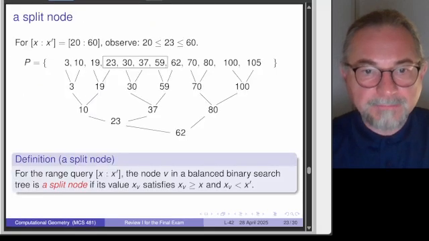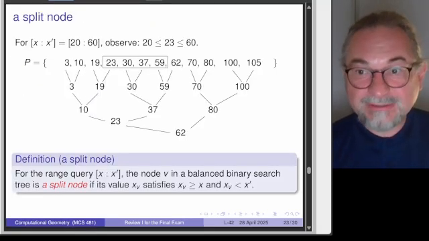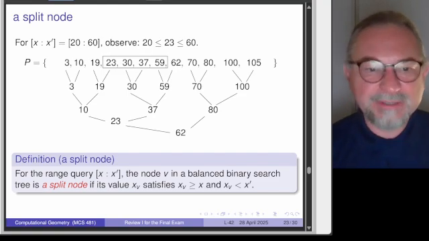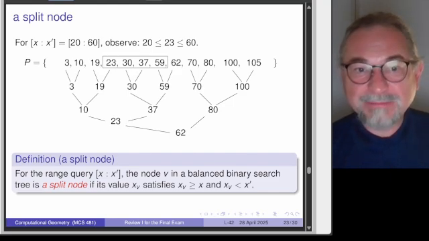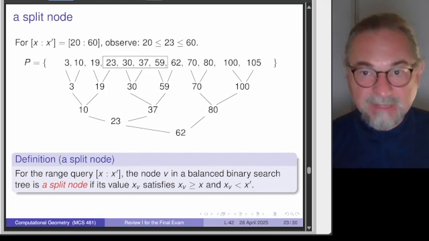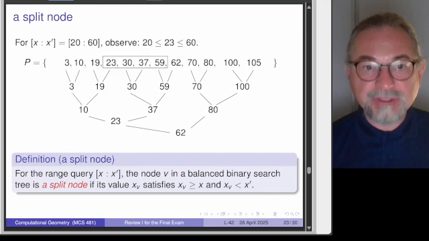All right, range queries, another data structure. And we talked about split vertices. Here we have split nodes. So we have a sequence of numbers, and we want to report all the numbers inside a query range.